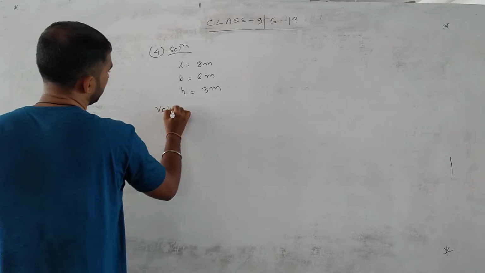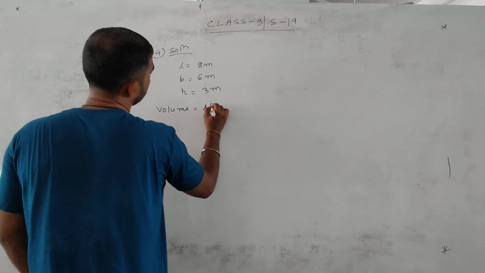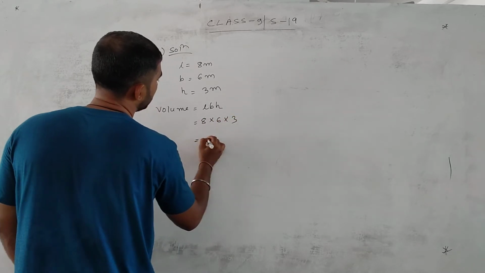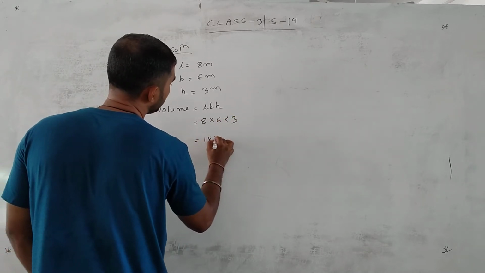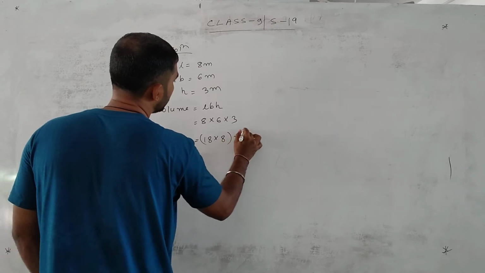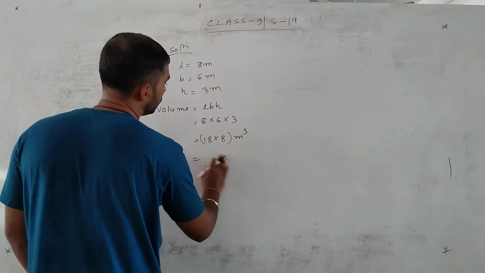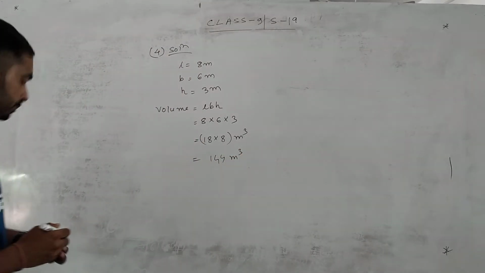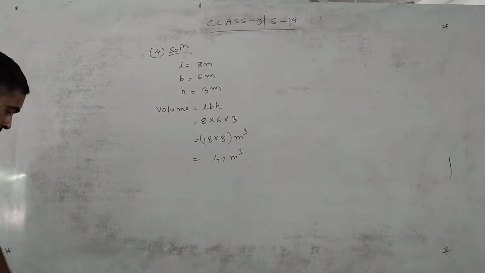So volume equal to LBH, 8 into 6 into 3 equal to how much? 18 into 8 cubic meter equal to 144 cubic meter. Then what is the cost?